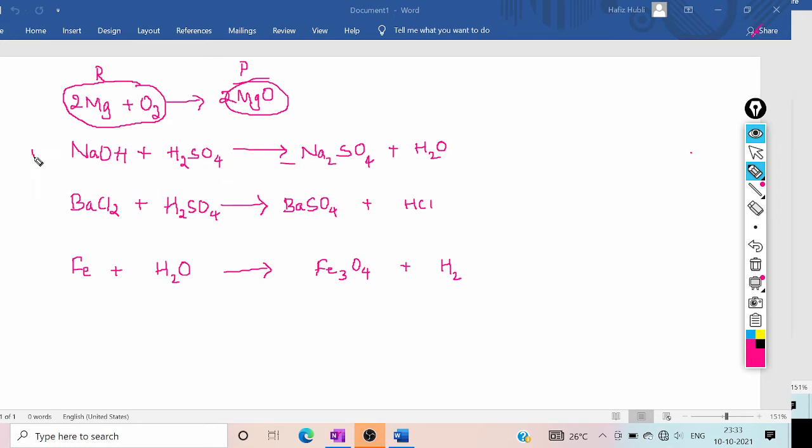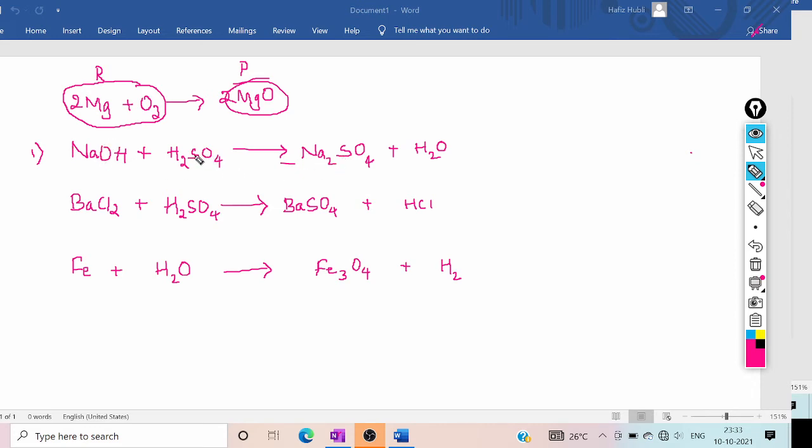So we'll go with the first equation here. That's the reaction between sodium hydroxide and sulfuric acid to form two compounds, that is sodium sulfate and water. First we'll have to verify whether the equation is balanced or a skeletal one. Skeletal means unbalanced equation.